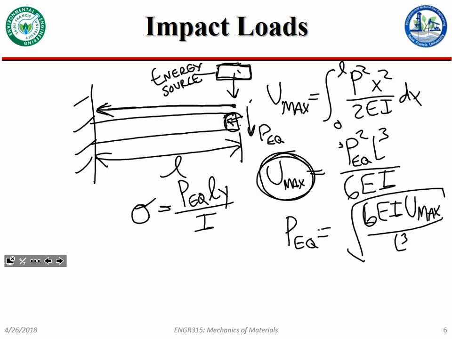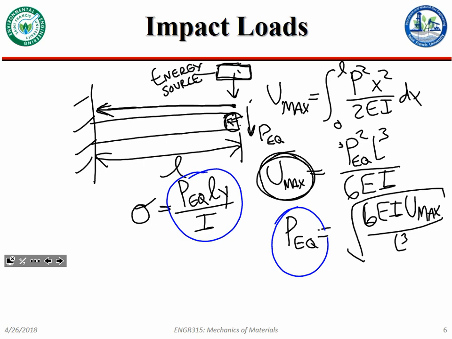So that's what I wanted to say about that. But once you have what this value is, you can get what your equivalent load is. You can figure out what your bending stress is. And from there you can play all your regular Mohr's circle games and what have you.